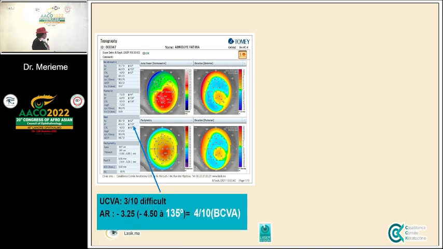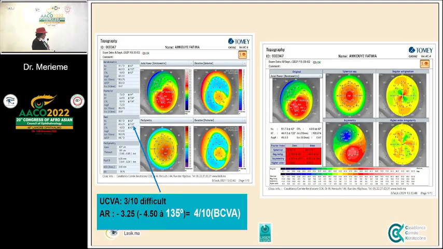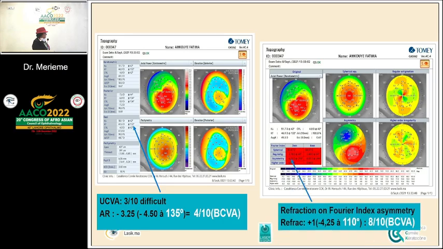The best corrected visual acuity with this axis is just 4/10. And when we take the axis of the asymmetry in the axial map, it's 110. The visual acuity rises to 8/10. So the difference is just that we change the axis of the astigmatism, and the visual acuity is better.